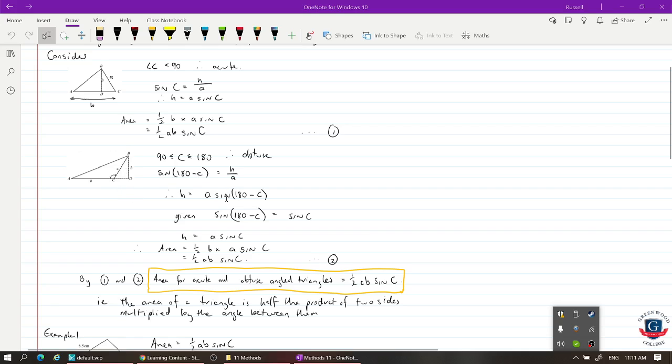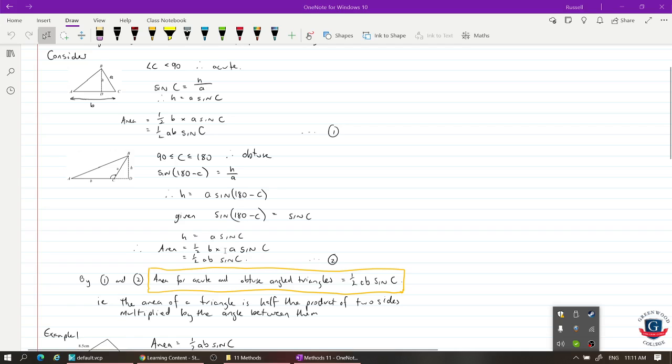Rearranging as per the last example, we get a sine 180 take C. Now, from the last video, we know that sine of 180 take C is just sine C. So we can substitute that back in: instead of h equals a sine 180 take C, we rewrite it as h equals a sine C.